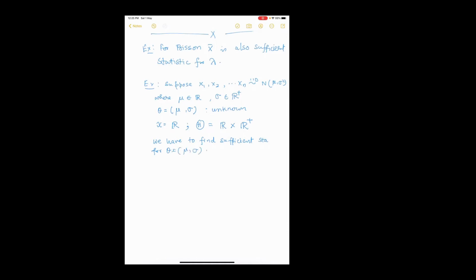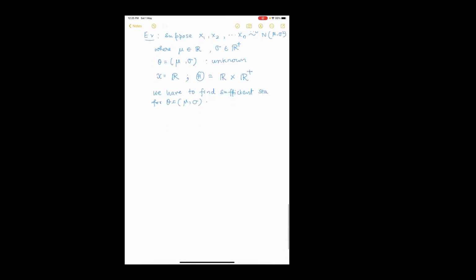So again, we will start with the likelihood function. What is the likelihood function for a normal distribution?